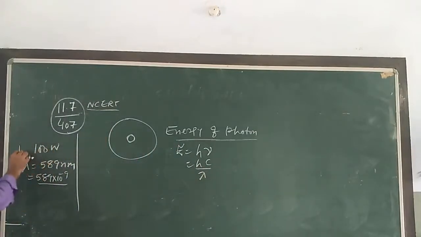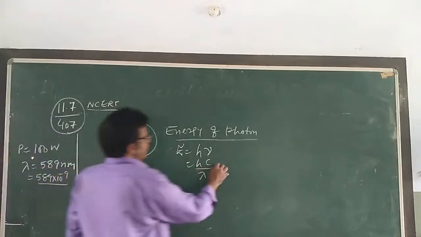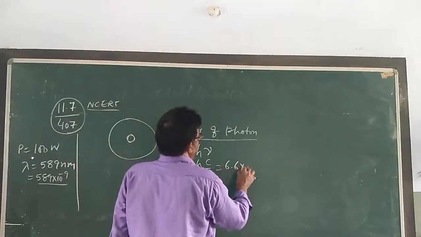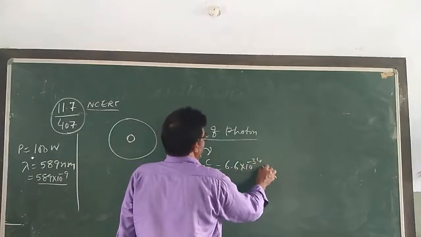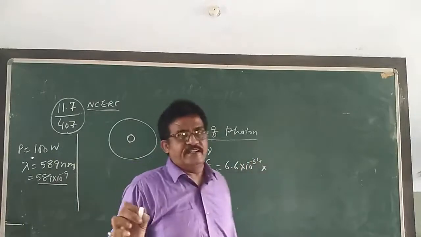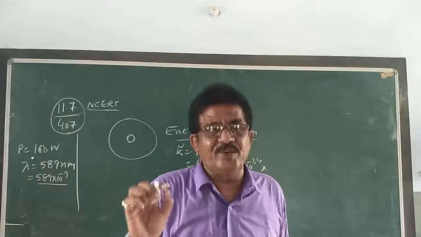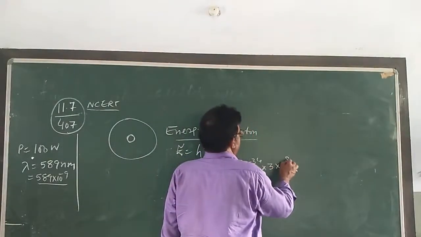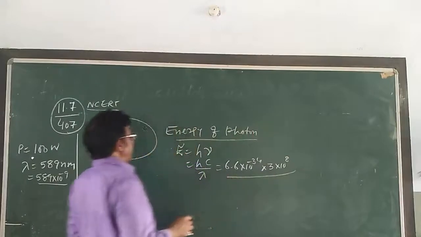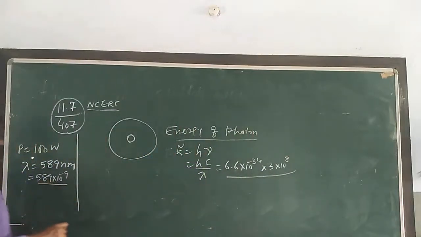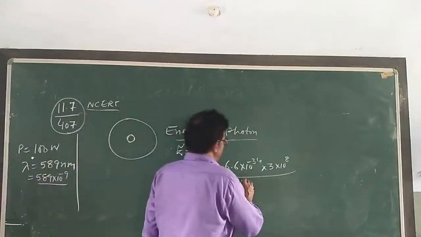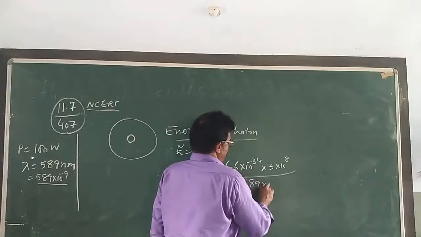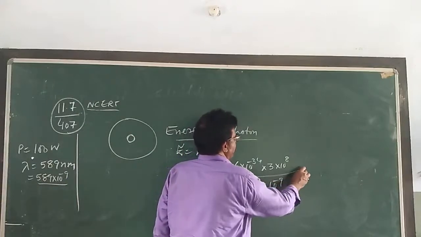Here, hc by lambda, that is 6.6 into 10 raised to power minus 34. The velocity of light, sir, it is 3 into 10 raised to power 8, divided by lambda. Lambda here is 589 into 10 raised to power minus 9. Solve it.